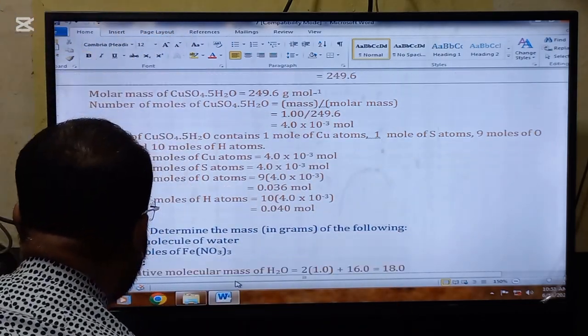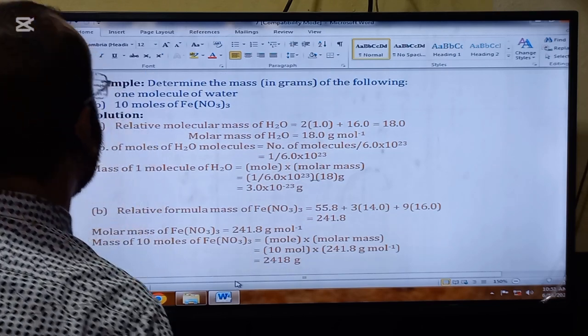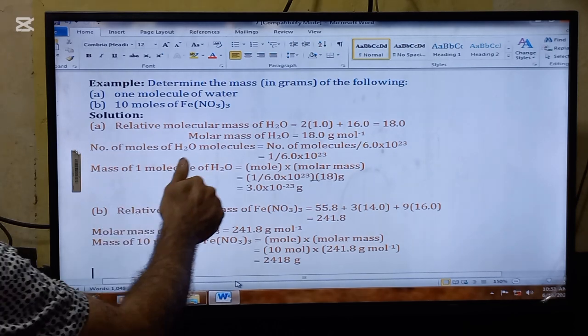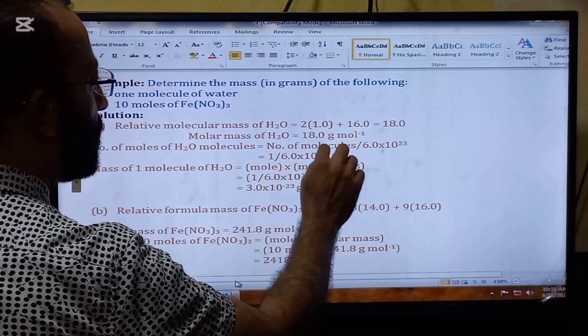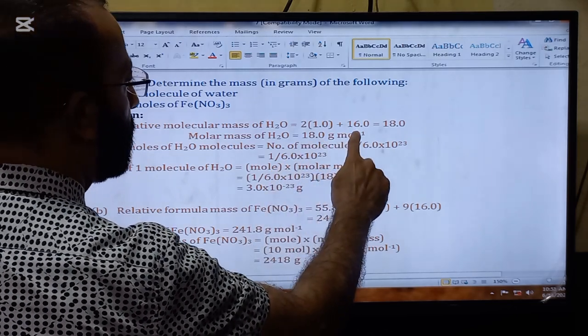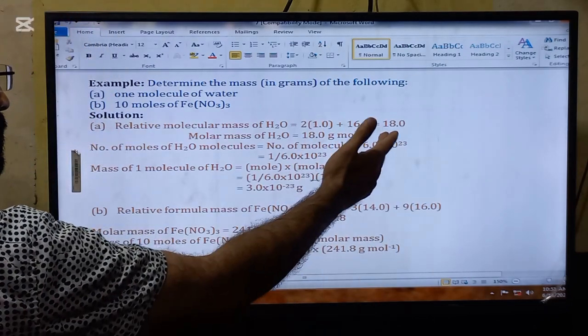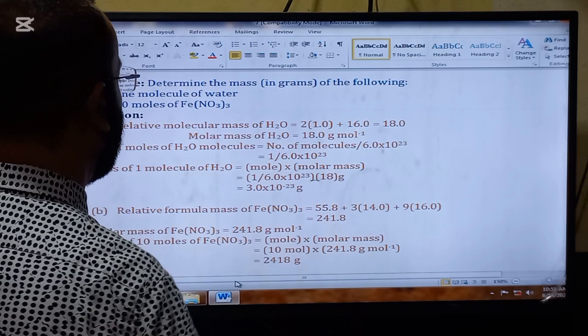Okay, the next question is: determine the mass in grams of 1 molecule of water. The relative molecular mass of H2O is 2 into 1, because H2O, plus O is 16. So this is the relative formula mass, the molecular mass of water. So the molar mass of H2O will be 18 grams per mole.